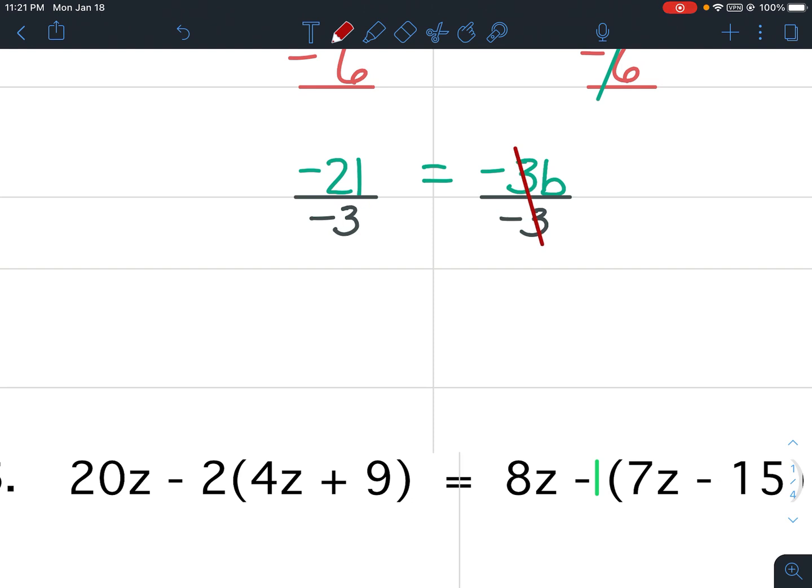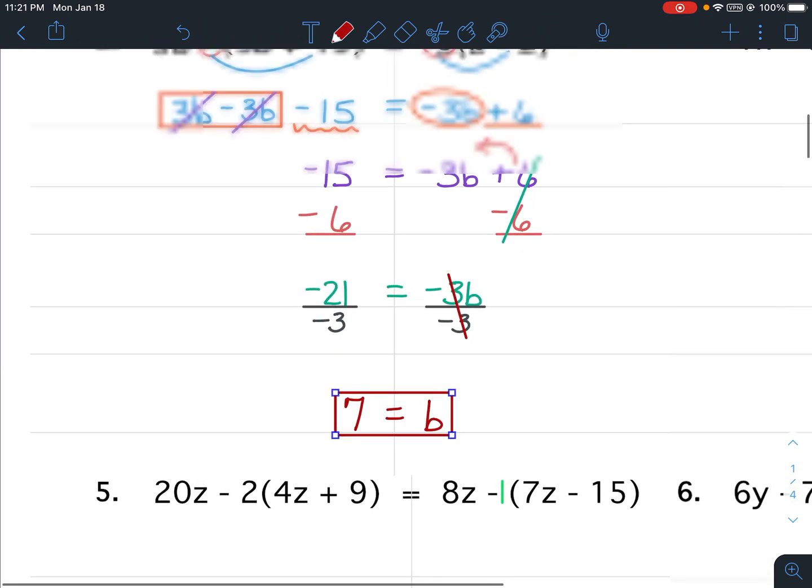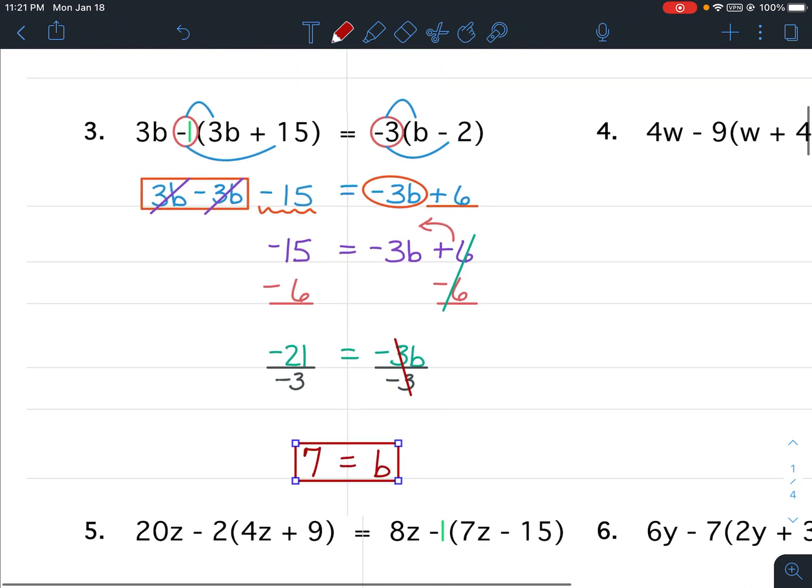Cancel my -3's. -21 divided by -3 is +7. So 7 equals b. All right. Take a moment and make sure you have everything written down.